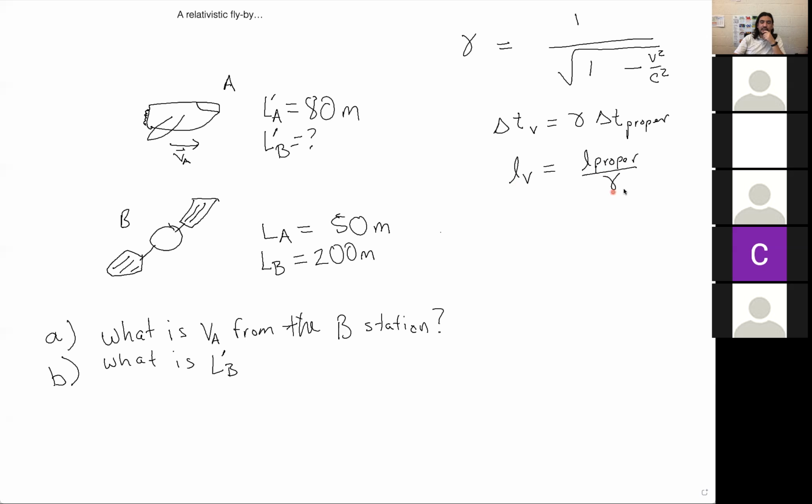This gamma guy, this Lorentz factor right here, if the speed is 0, is 1. If the speed is, let's say, whatever value you want, 0.1 of the speed of light or 0.5, half the speed of light, is it going to be smaller or bigger than 1, right?